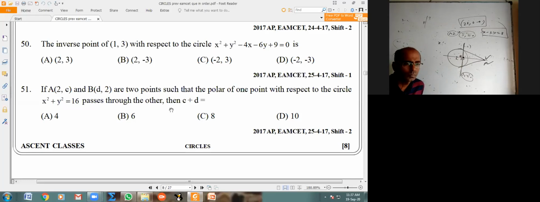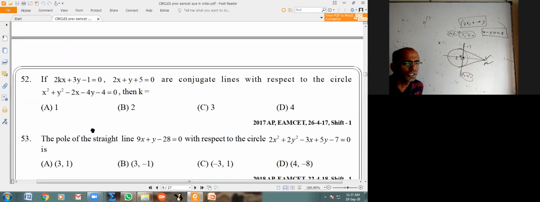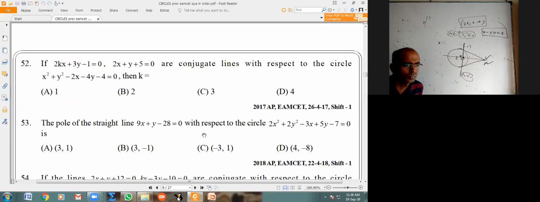51, any doubt? 52. Basically, conjugate lines means the pole of the first line should satisfy the second line, or the pole of the second line should satisfy the first line. So there's a formula, you can remember that. It will be a little difficult and we don't use that often.